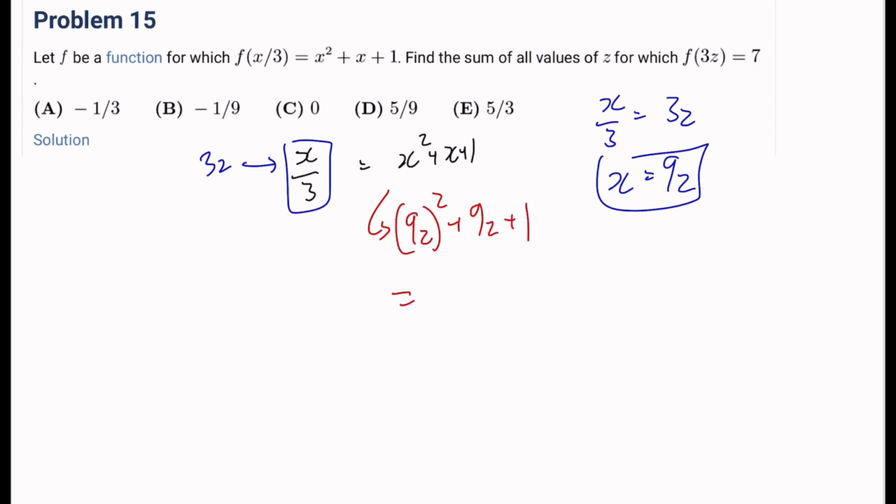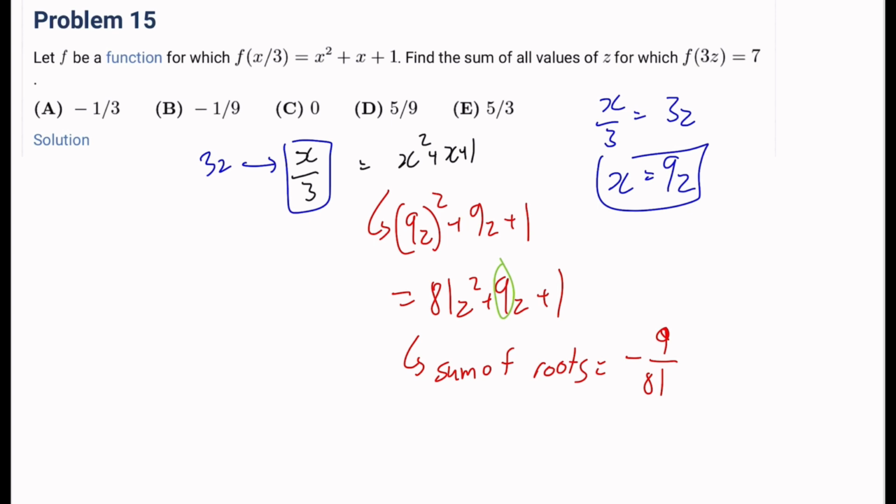So this is 81z squared plus 9z plus 1, right? And so the sum of its roots is negative 9 over 81, right? Because this is 9 and this is 81. And so this is negative 1 over 9. So this is the answer.